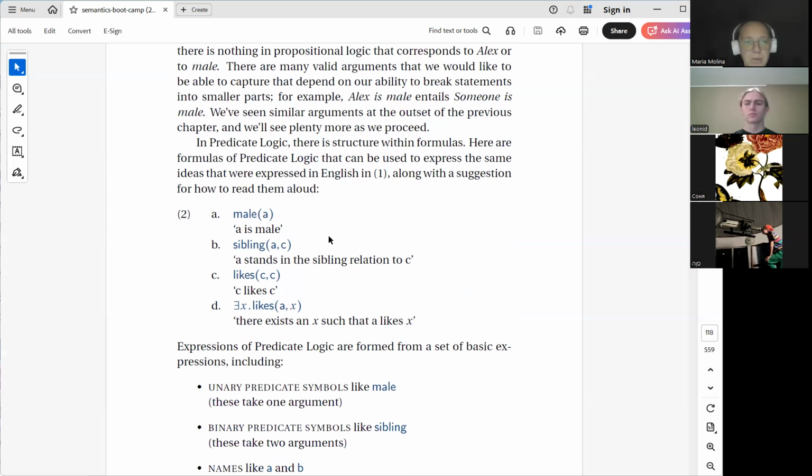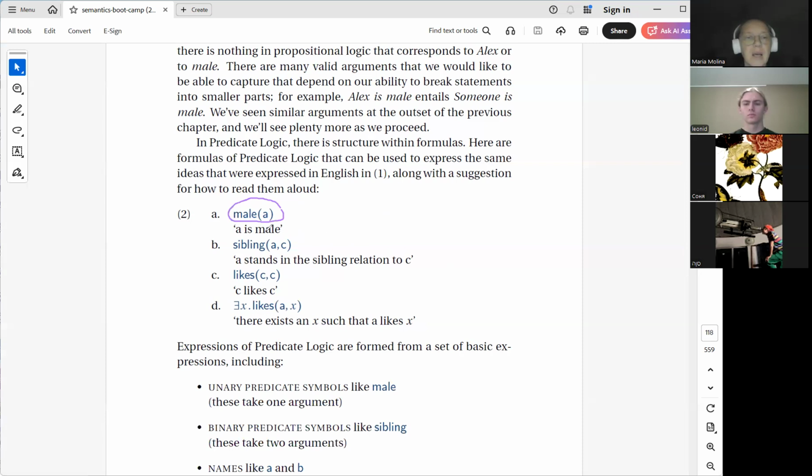And if we write male as a function, and we give it an argument a, it is the same as to say a is male.